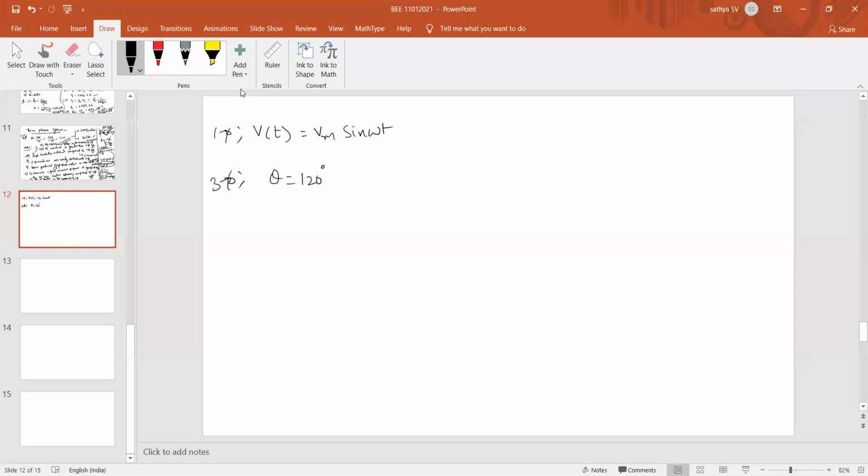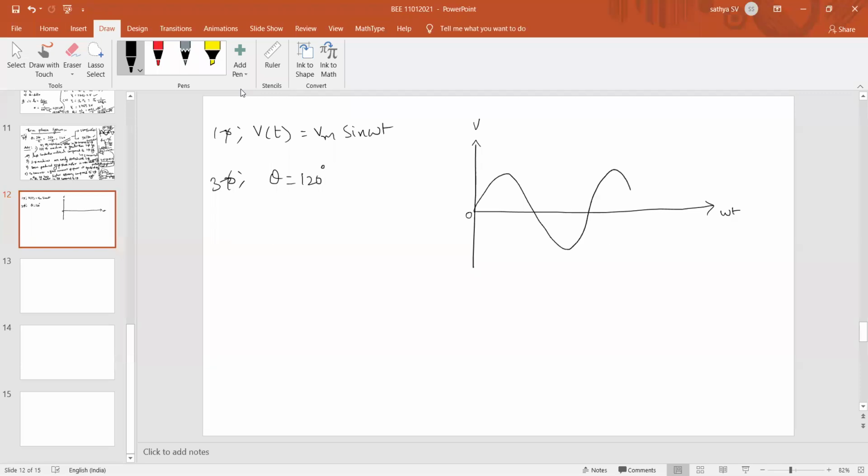First I will draw the waveform. Now you can focus more for 10 more minutes. It is very important to know how to draw the three phase waveform. So omega t is your time axis and voltage is the other axis. First I am representing the regular single phase sinusoidal waveform.